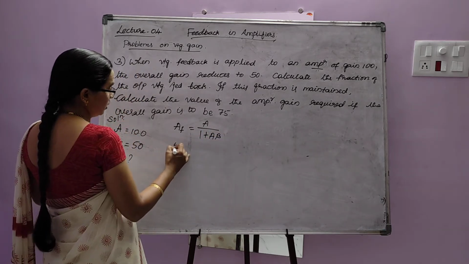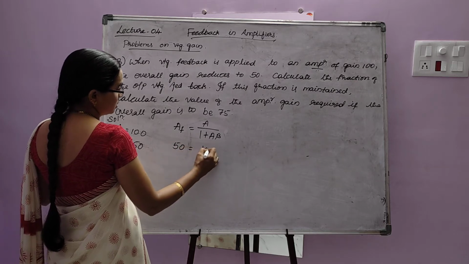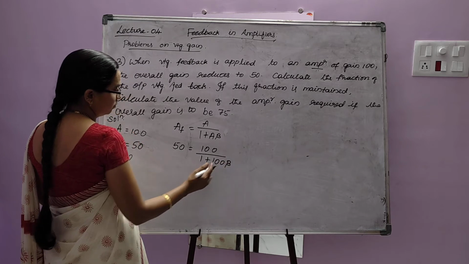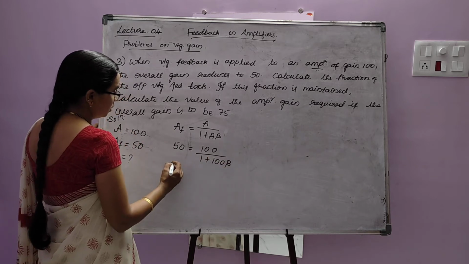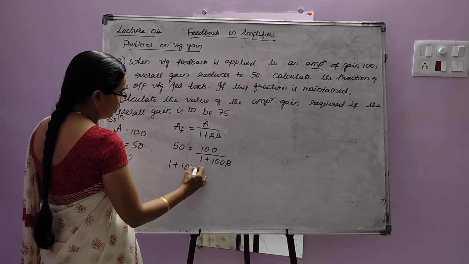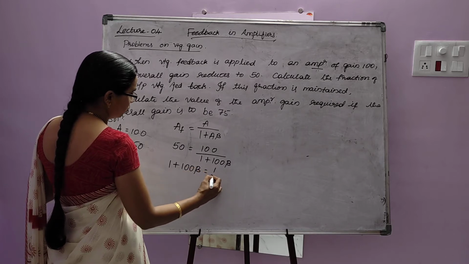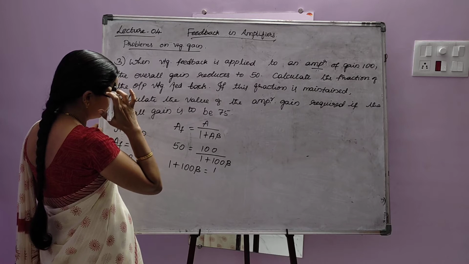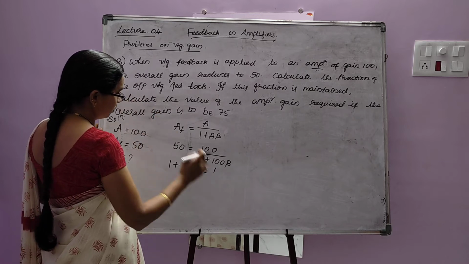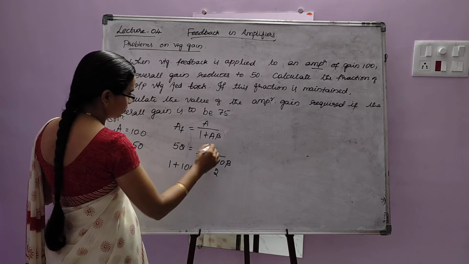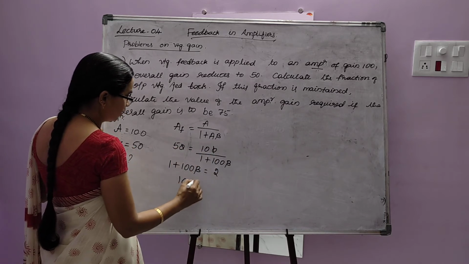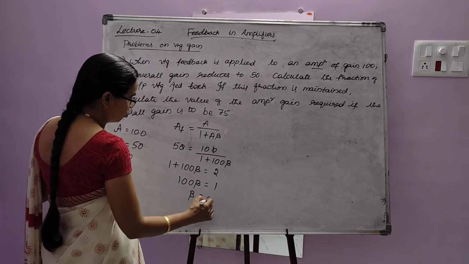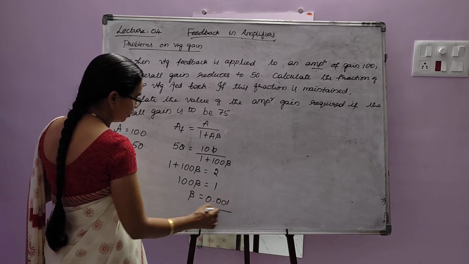AF is 50, A is 100, so 1 plus 100 beta is equal to 2. So 100 beta is equal to 1, beta is equal to 0.01.